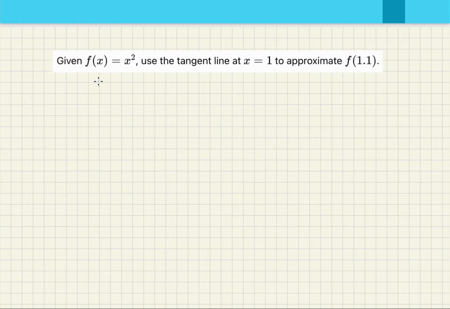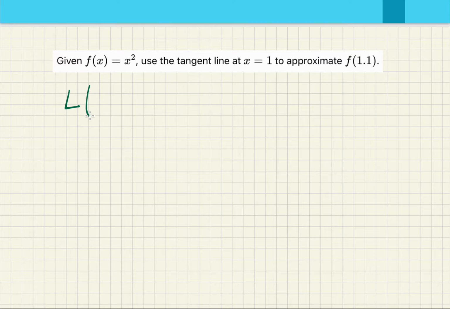Whenever a question asks you to use the tangent line to approximate some value of f, it will usually be asking you to use linear approximation. When a question asks you to use linear approximation, it's important to understand what formula we need to use.